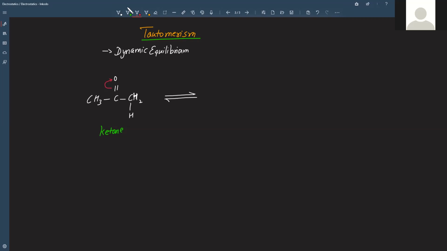The double bond breaks and oxygen takes that electron. Now the carbon has unsatisfied valency, there is a vacancy of electrons there. So next is hydrogen. Hydrogen breaks from this, and the hydrogen doesn't take that electron.